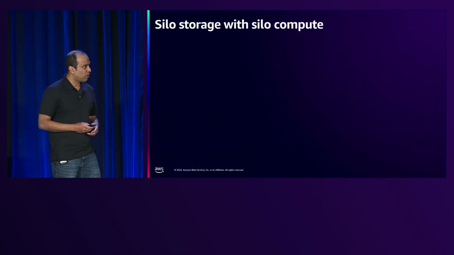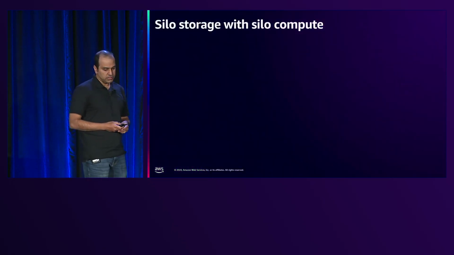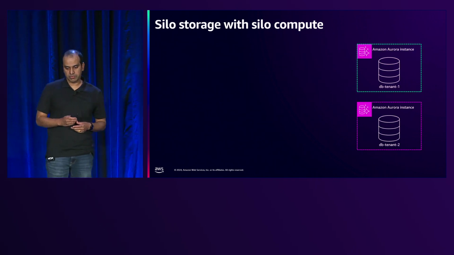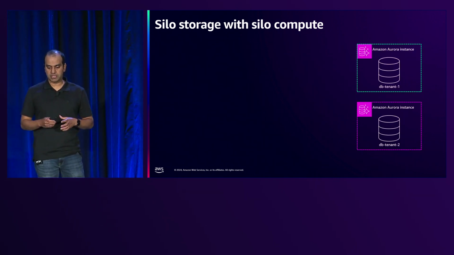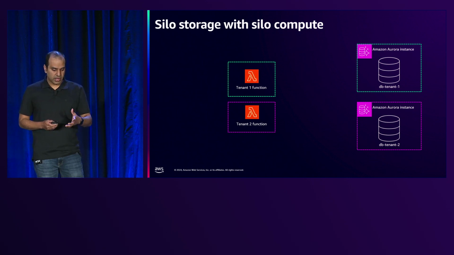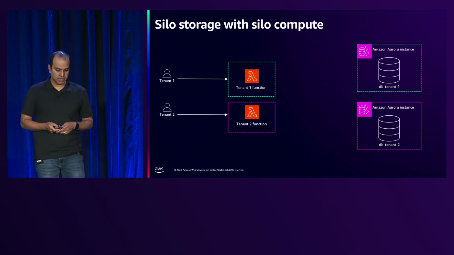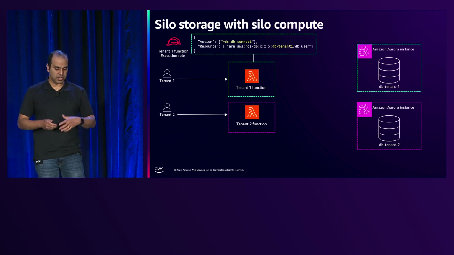So we look at the first model where you have a silo storage with silo compute, right? In this model, you are assigning a dedicated Amazon Aurora instance or cluster for every single tenant, right? And on the compute layer, you have Lambda functions. So when the tenant request comes in, the Lambda function has an execution role and it has a policy.